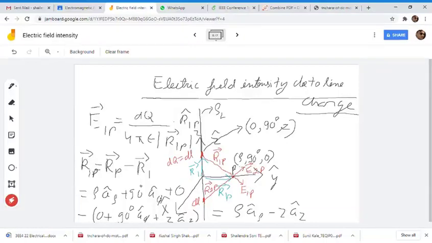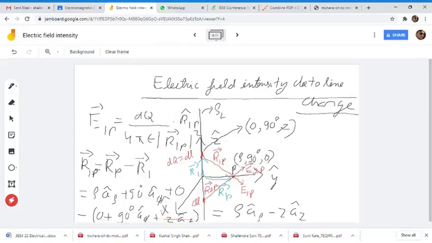When we took R1P, it was RP minus R1. Here R1 is positive, it is at positive Z, but when we consider this dl, it is placed at minus Z. Okay, this is placed at Z, this is placed at minus Z. P is not changing, so your final position vector will remain the same, just the initial position vector will change.